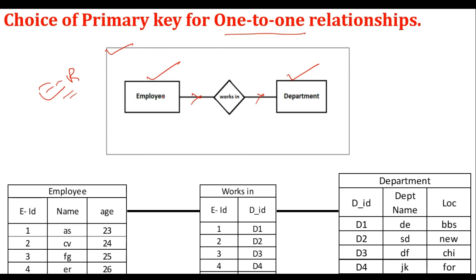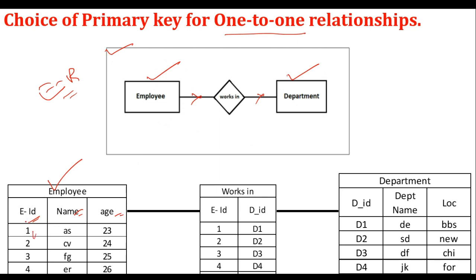Now we will get into the details of how exactly the primary key will be found in this case. Let's suppose we have an employee entity set with three attributes: employee ID, name and age.